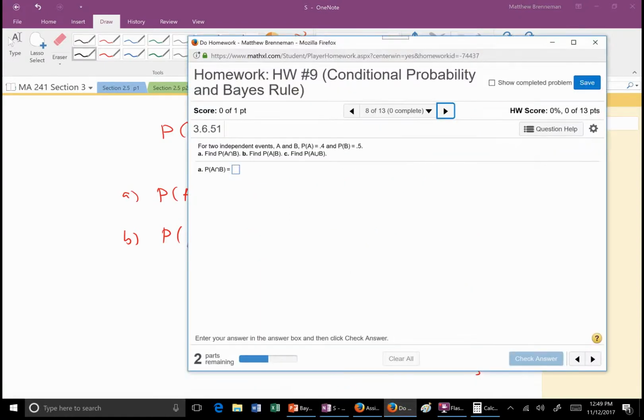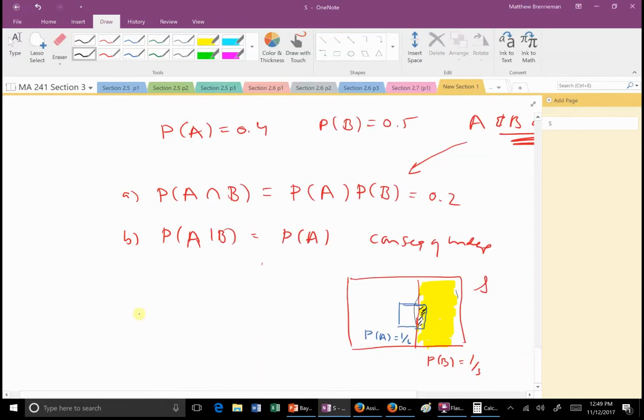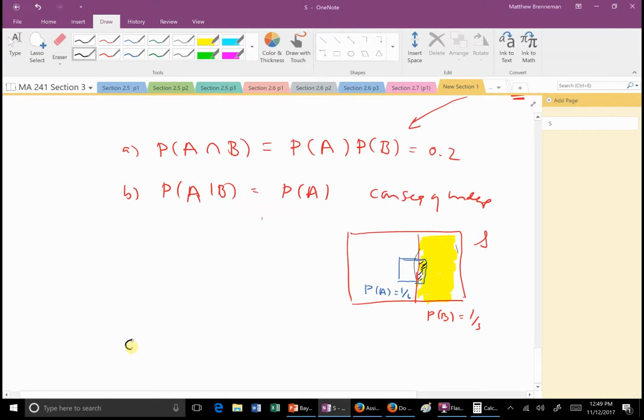Okay, last question, what is the probability of the union? Well, here I'm going to use my general formula. The general formula for a union is the probability of A plus the probability of B minus the probability of the intersection. But because these are independent, I can write this as the product of their probabilities.